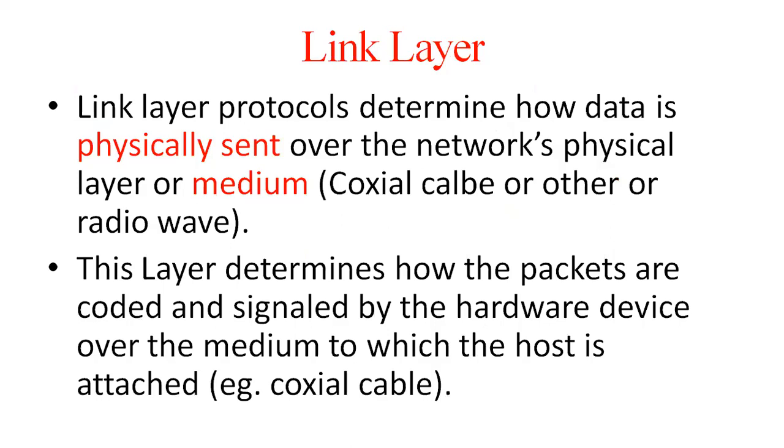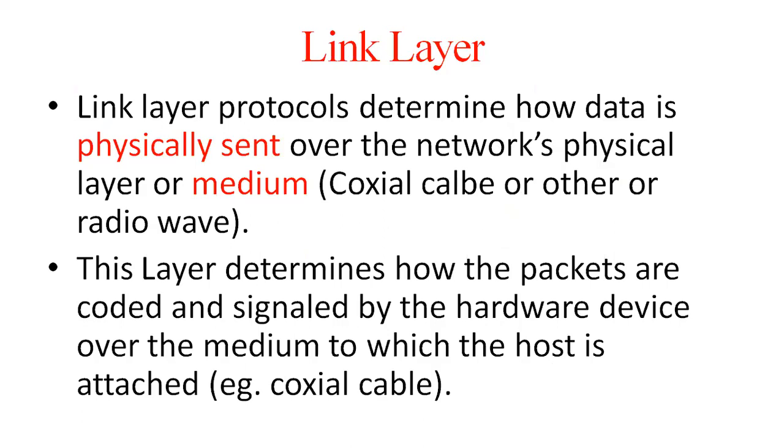The first important one here is the link layer protocol. What is the link layer here? The link layer protocol determines how data is physically sent over the network by using some medium. The medium may be coaxial cable, radio wave, or any cable.